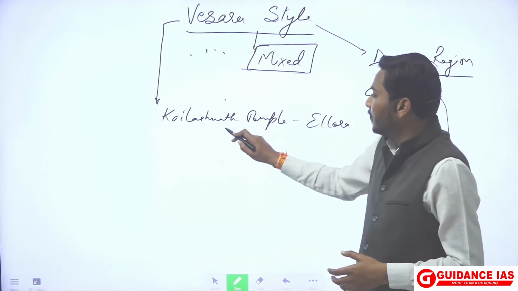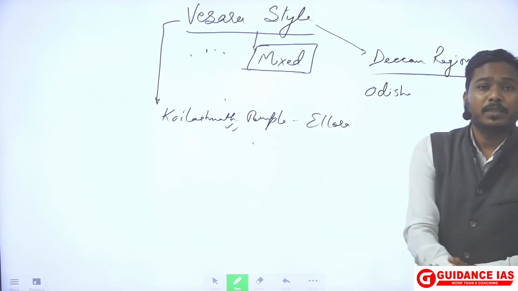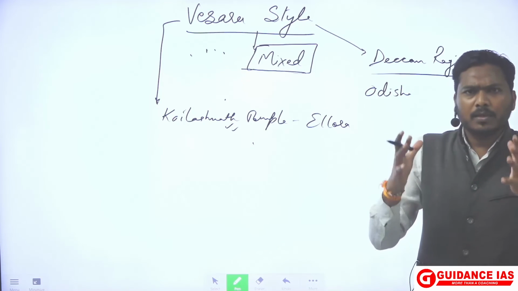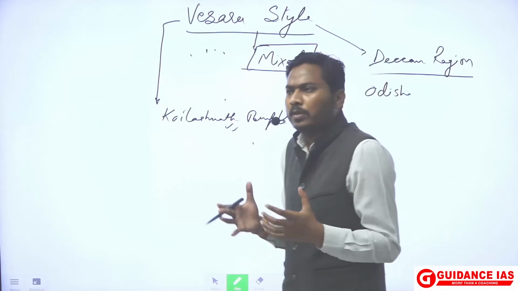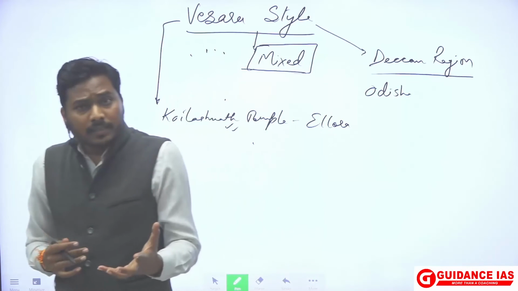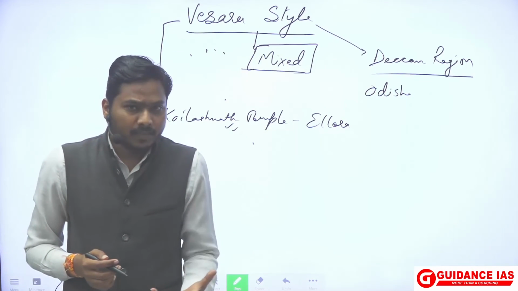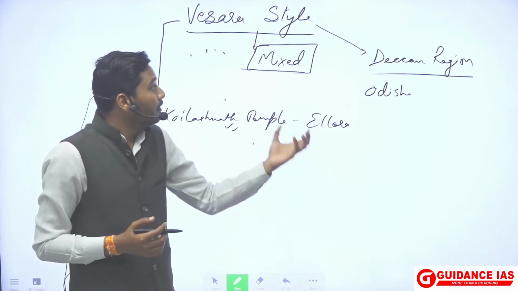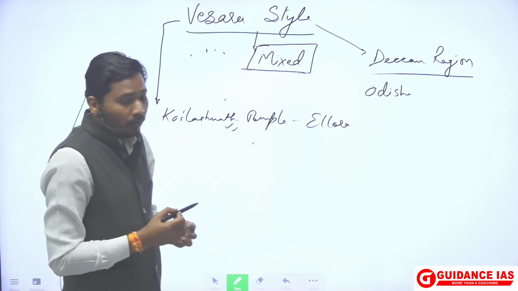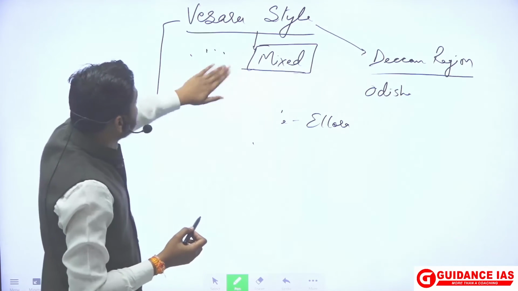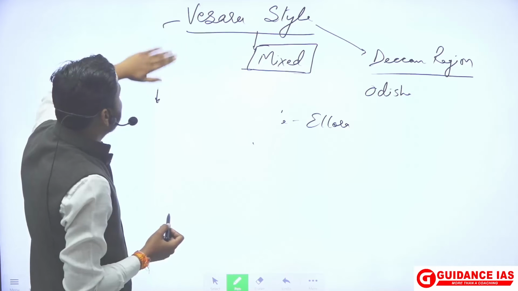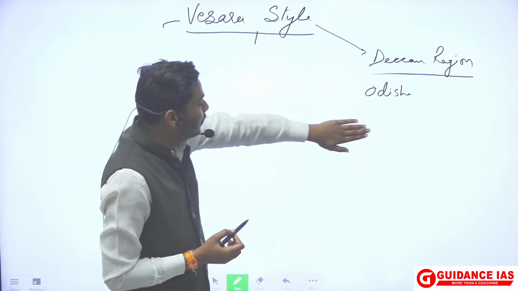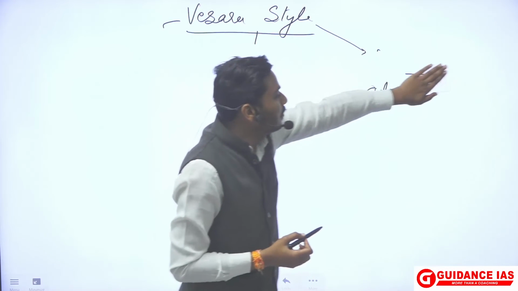So this is one of the greatest examples of Vesar style of architecture. That is a brief discussion of the Nagar style, the Dravidian style, and the Vesar style. You have to read the examples of all these architectural remains, because UPSC is going to ask questions from this particular region only.